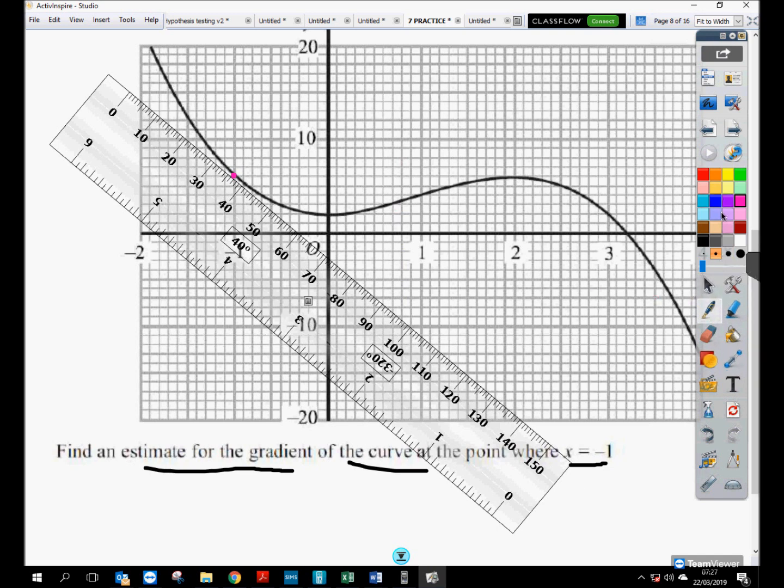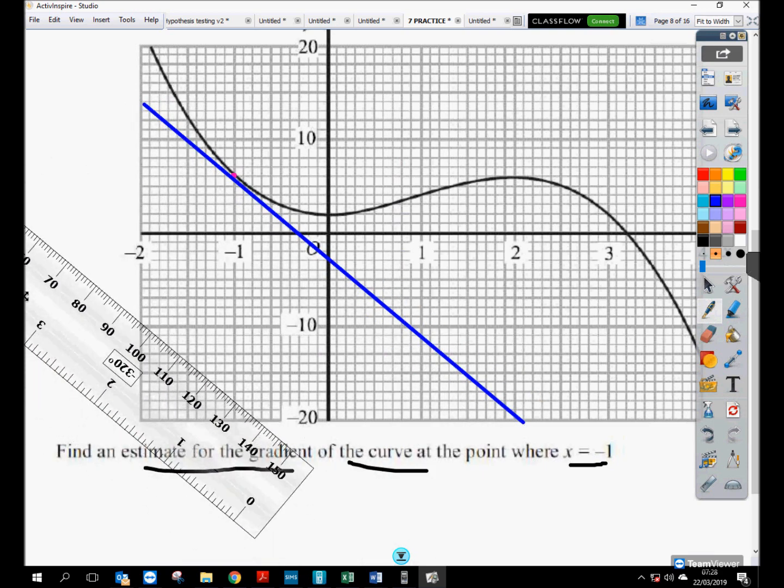So you have to take great care with this, because if the ruler's slightly off, your answer may be incorrect. So what we're going to do is line the ruler up, as you can see over there. Place the ruler beneath the curve, so that it's just touching at that point and nowhere else, and then draw a very long tangent to the curve. Okay.